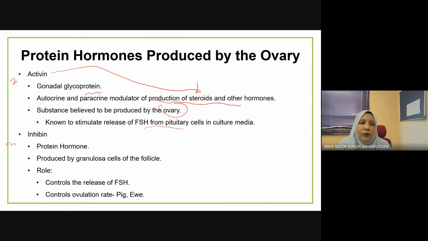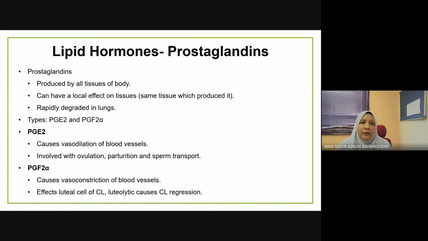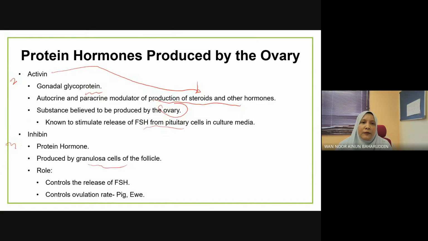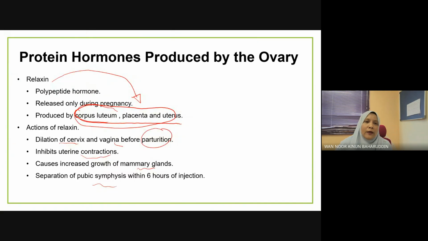Then we do have the third one, what we call inhibin. It is a protein hormone produced by the granulosa cells of the follicle to control the release of FSH and to control the ovulation rate.